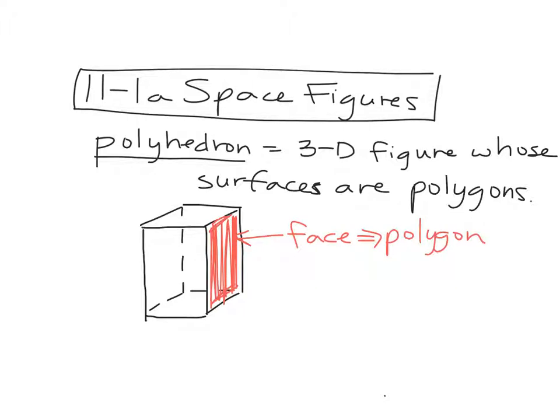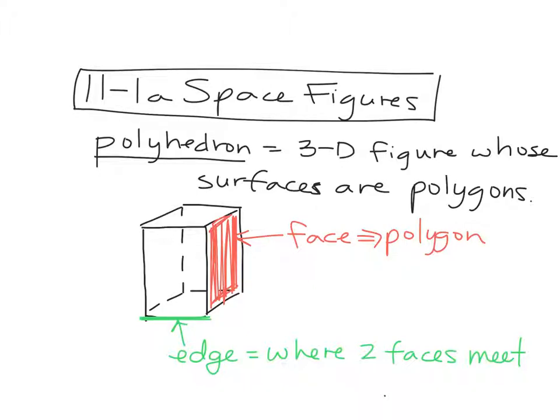Second thing we're going to point out are the edges. And this line right here would be called an edge. And an edge is just where two faces meet. How's that color? Kind of hard to see. So that's an edge.